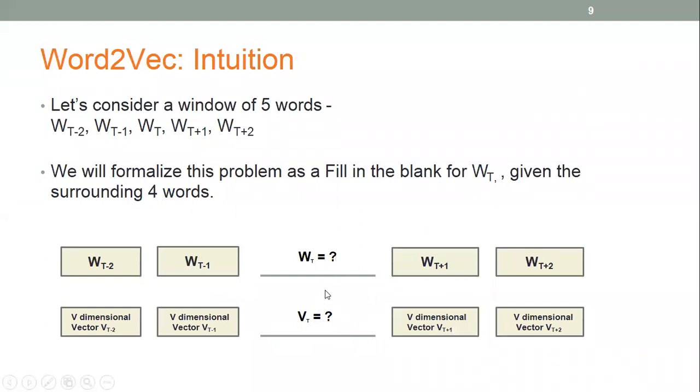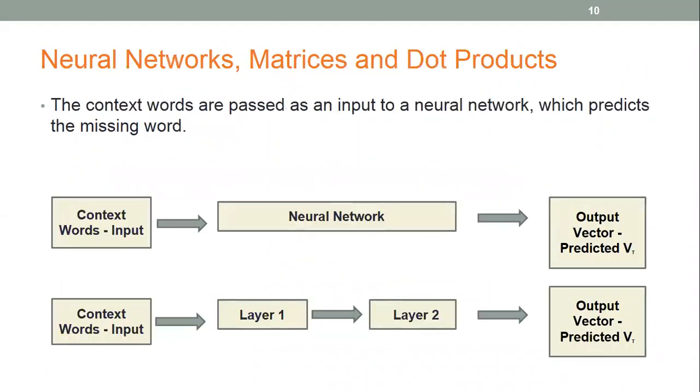We will not discuss the neural network code or how neural networks work in detail, but this is essentially how we combine the context words. These are the context words that go as an input to the neural network, and the predicted output is the output. The neural network here is a 2-layer neural network, and so we pass in the input to the first layer, and the second layer then predicts the output for us.